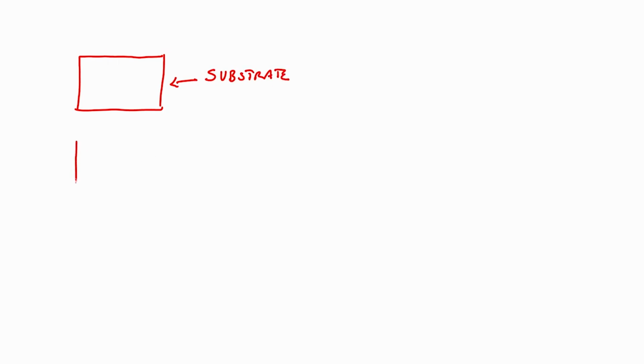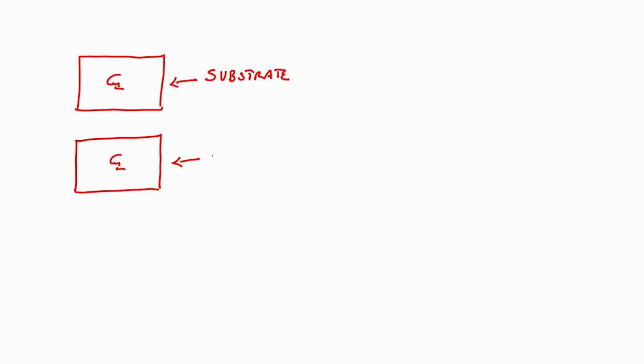The next step: it is assumed that if it is silicon and you want to deposit a metal, the substrate is an oxidized silicon wafer. If you are using glass, there is no need to oxidize the glass, because glass itself is an insulator. So, let us say we are using glass here.